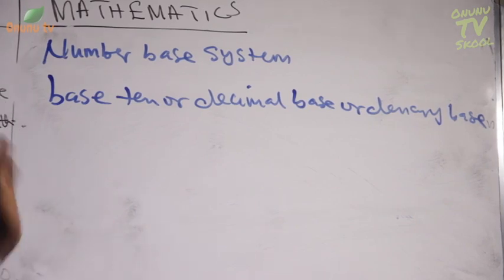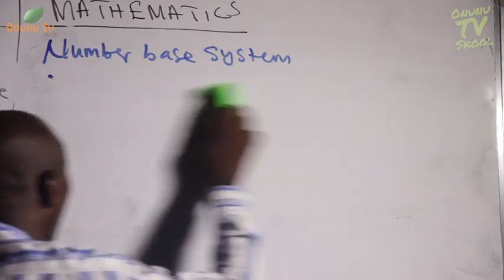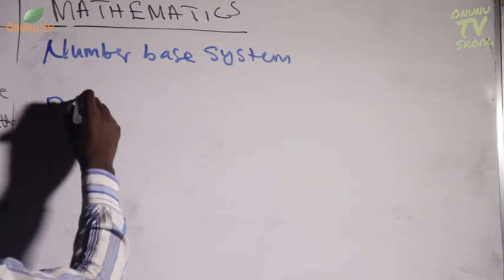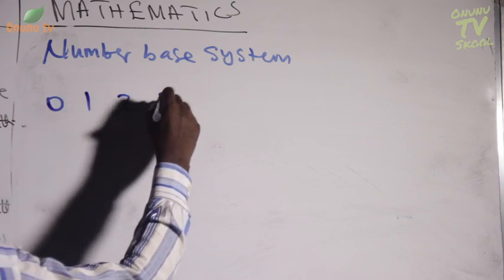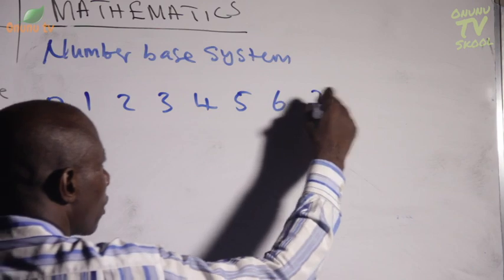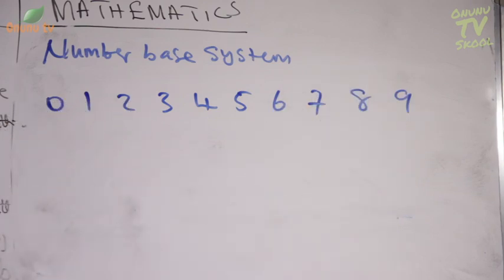So the base 10 number system is a system of counting made up of 10 digits, and the digits go this way: 0, 1, 2, 3, 4, 5, 6, 7, 8, and 9. It starts from 0 and stops at 9.